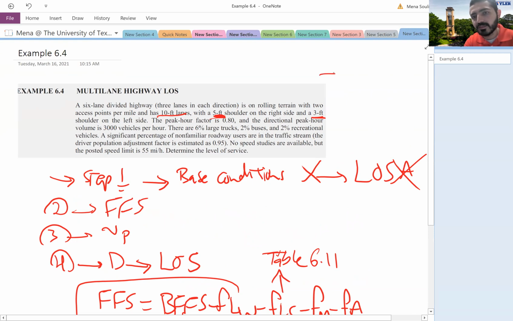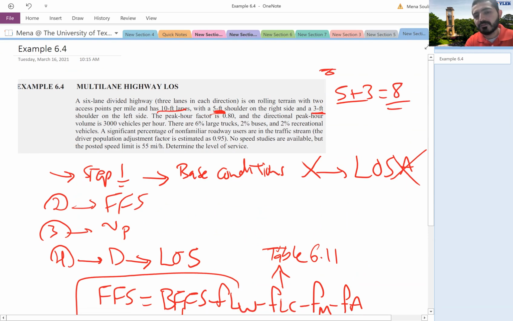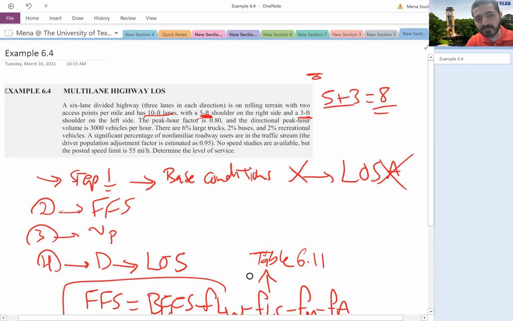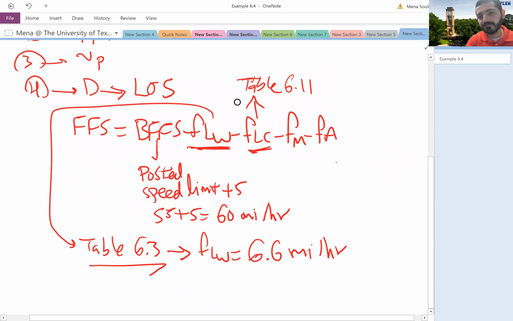So the total lateral clearance is equal to 5 plus 3, and that is equal to 8. When you go to table 6.11, you go to 8, and it's how many lanes per direction? It's 3 lanes per direction. So the correction factor, FLC, is 0.9 miles per hour from table 6.11.